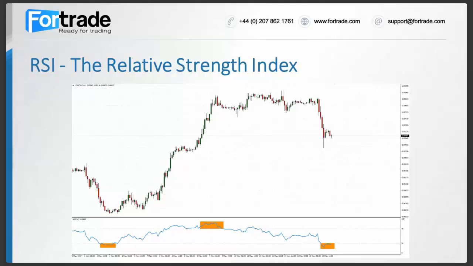An instrument is deemed to be overbought once the RSI is approaching the 70 level, meaning that it may be becoming overvalued and is a good candidate for pullback or reversal. Likewise, if RSI approaches 30, it's an indication that the instrument may be getting oversold and therefore likely to reverse.